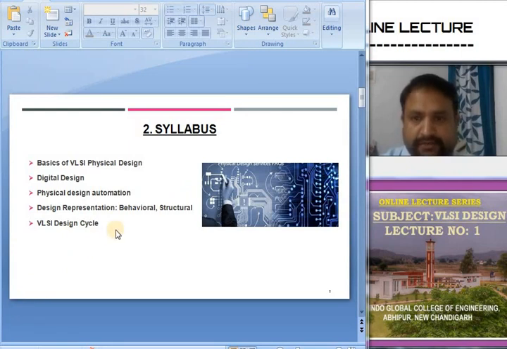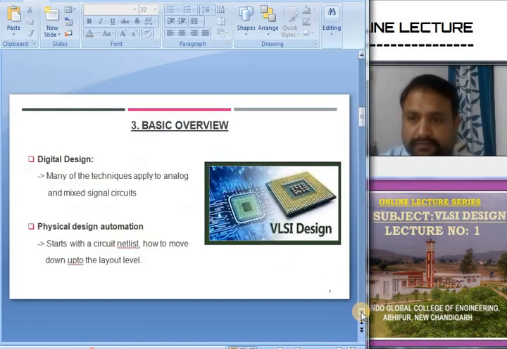So as you see in the slide, the basic overview we have shown in the slide. As you can see, the digital design, we would be talking about physical design automation.